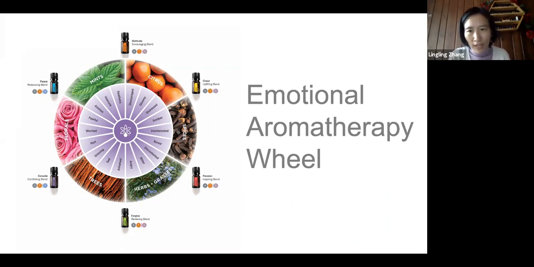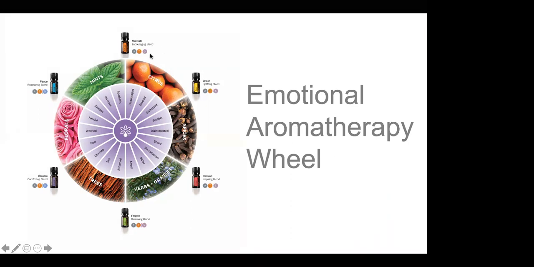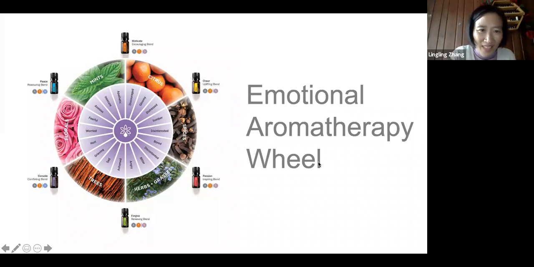This one you can also download. Just search in doTERRA, search emotional aromatherapy wheel, and you can download it. So this chart is very nice. It has the oils on the outside, and then the main constituent, main oils in that one.